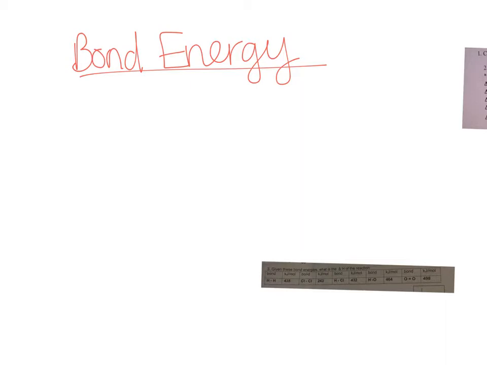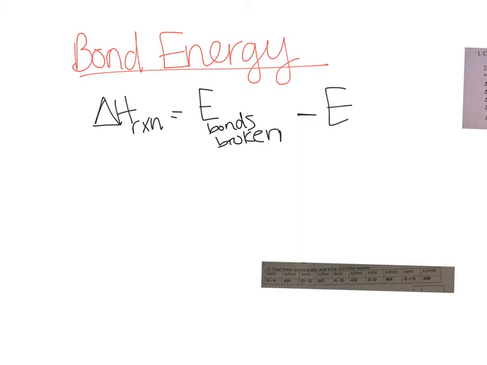So when you're doing bond energy, this is the one that I started going over with you guys on Thursday, was you're going to still have that delta H of a reaction. It's going to be equal to energy of bonds broken, minus energy of bonds formed. Okay.